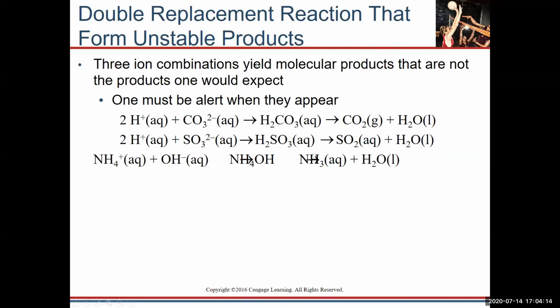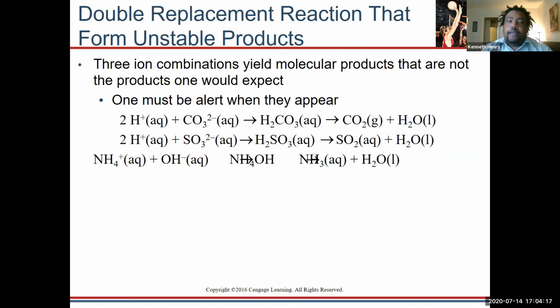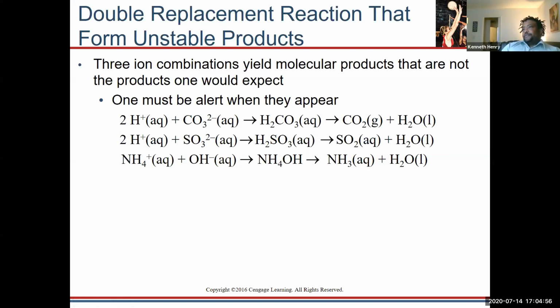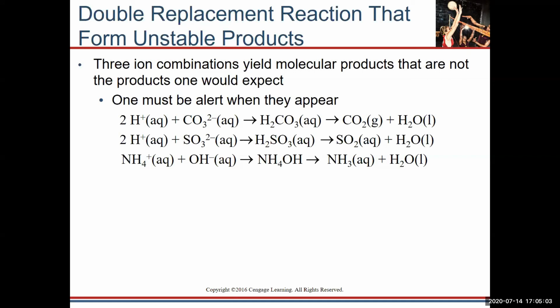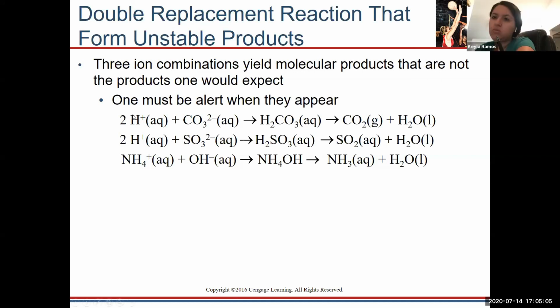Okay, so sometimes we get things that are unstable, and so they end up with other products. Here's an example of 3 cases where we have unstable products. So we have the carbonate or carbonic acid.